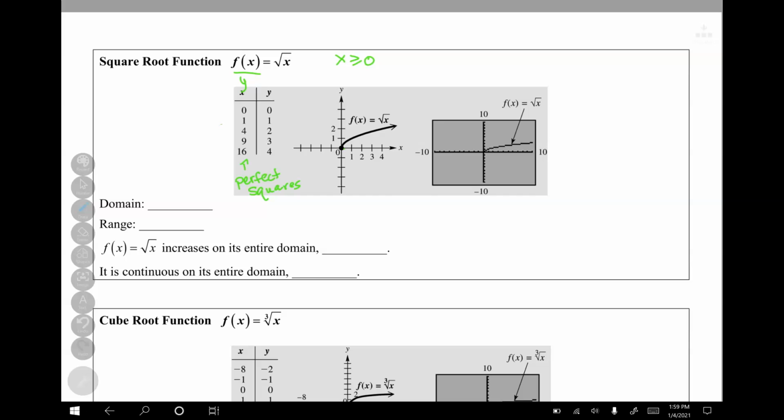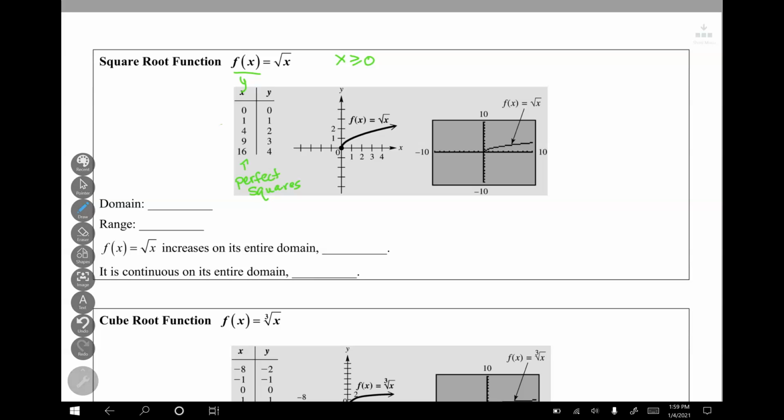Okay, the graph ends up looking like this. It is actually a parabola, half of a parabola on its side. The other half would be here, except we're only doing the positive square root, not the negative square root. Okay, so it's actually just the top half of a parabola on its side. There we go.